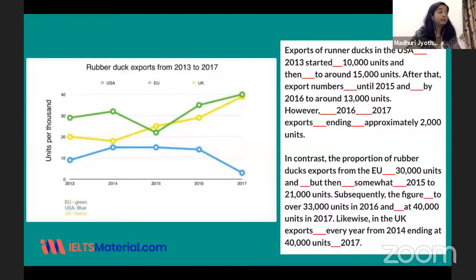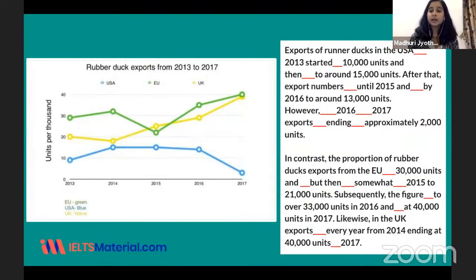There is a lot of different vocabulary you can use when you're answering the questions. For example, as I said, exports of rubber ducks in the USA in 2013 started at 10,000. So instead of started, I can use the word began, right? So it's a different vocabulary, and that would give it a better impression, right?